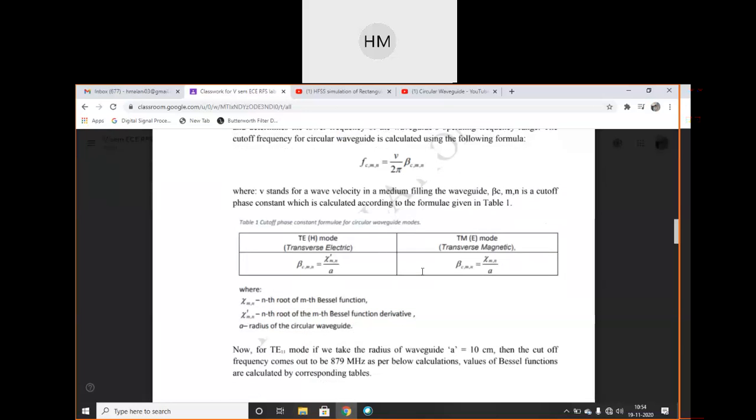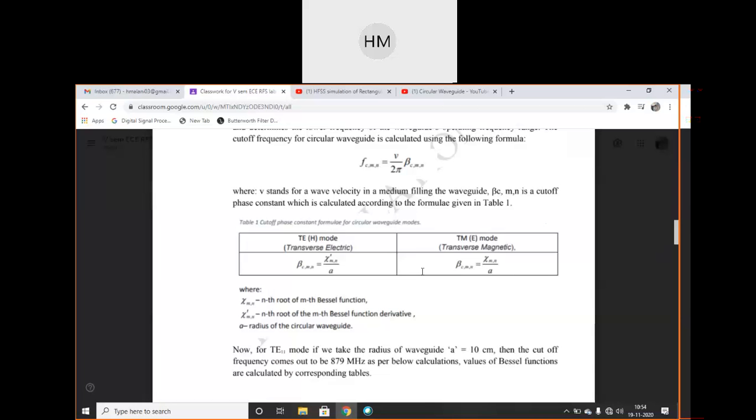Okay, so now for TE11 mode, if we take the radius of a waveguide as 10 centimeter, you can take radius as different values, 7 centimeter also you can take, but all these calculations are needed to be done because xi value is not known to us. We have to find the standard value. It is having a standard value. This standard value is given in standard books.